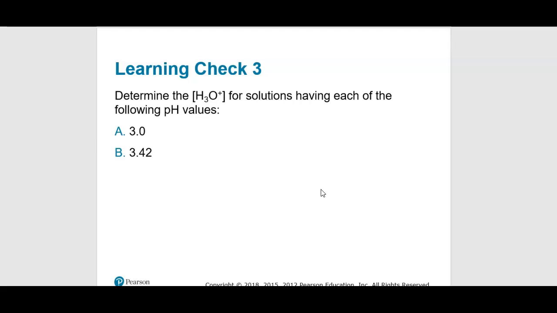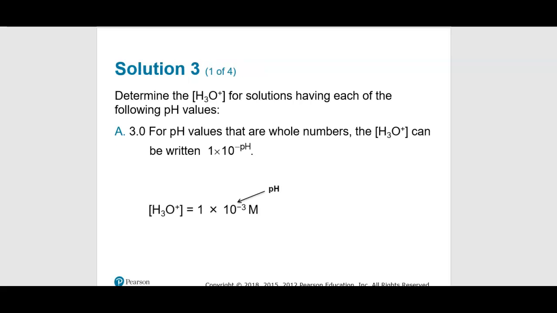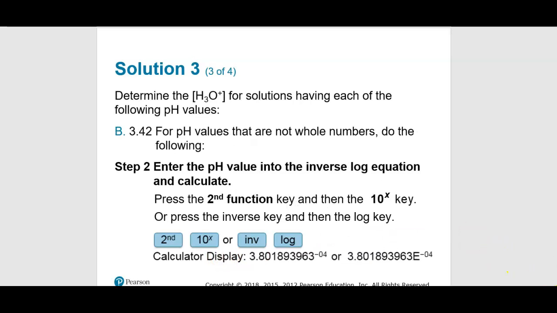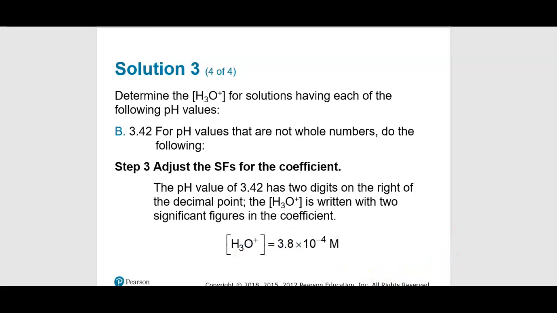Actually it would be 3.8 times 10 to the minus 4th, is what I'm guessing it's going to be. And of course there's the 1 times 10 to the minus 3, and the calculator display for this one, 3.42. So you're going to have to round this, and it is 3.8 times 10 to the minus 4th.